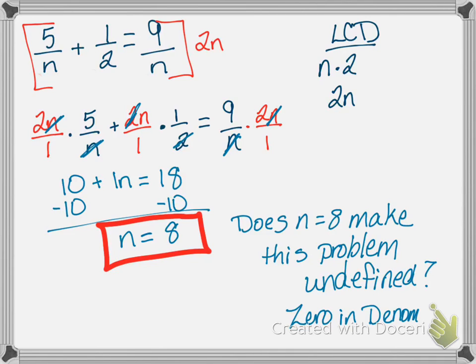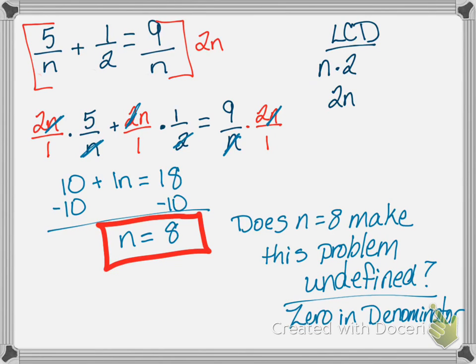That's what I am trying to avoid, because if I have a 0 in the denominator, my problem is undefined. So if I plug 8 in for n, in any of those denominators, will I get 0? I won't. Okay? So that is a step that you have to take. You have to go back and look to see and make sure that you aren't getting 0 in your denominator.